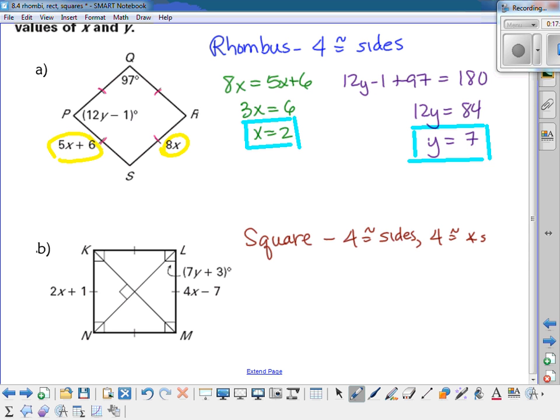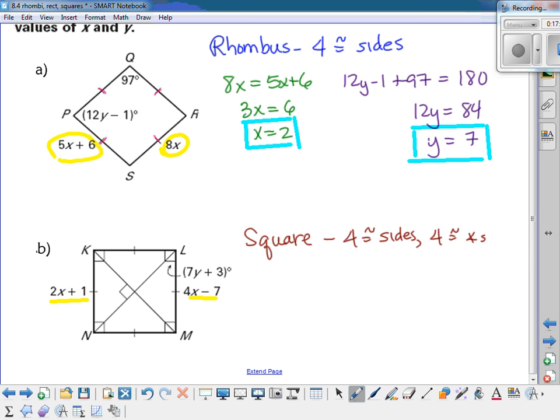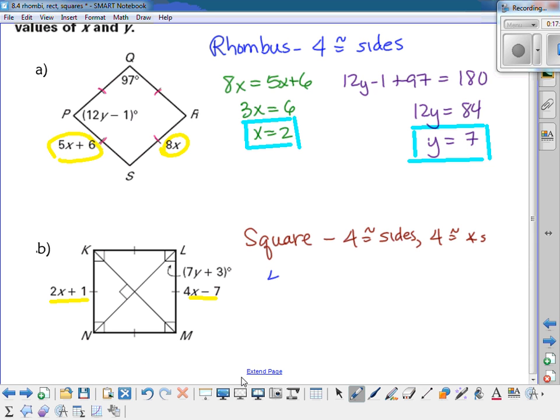And so because my opposite sides are congruent, I know that 2x plus 1 and 4x minus 7 would have to be equal to each other. So 4x minus 7 equals 2x plus 1. We subtract 2x from both sides and add the 7 to both sides, and we get 2x is equal to 8. So when you divide, you get x is equal to 4.